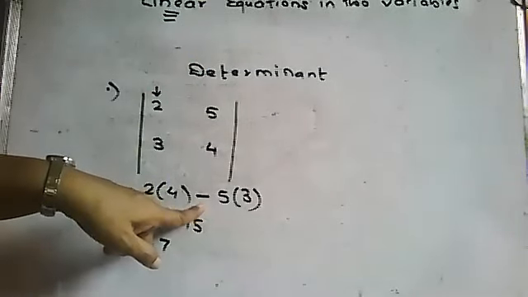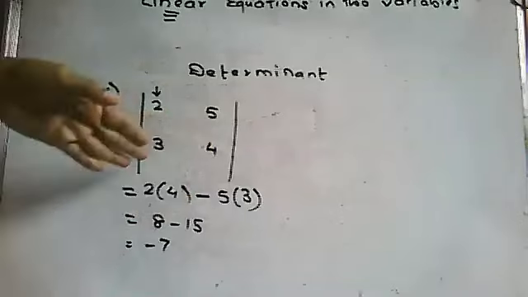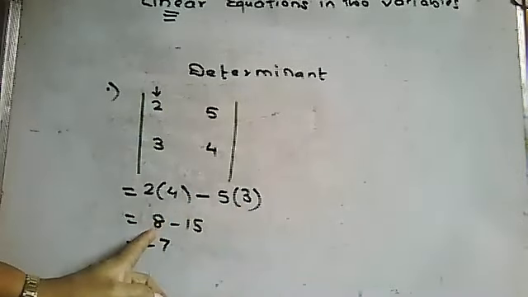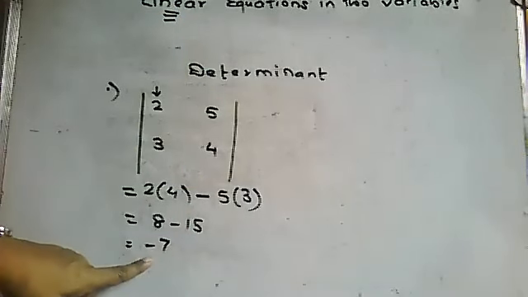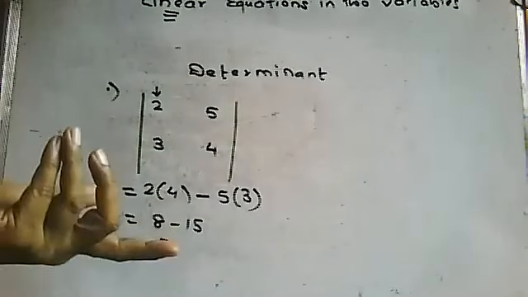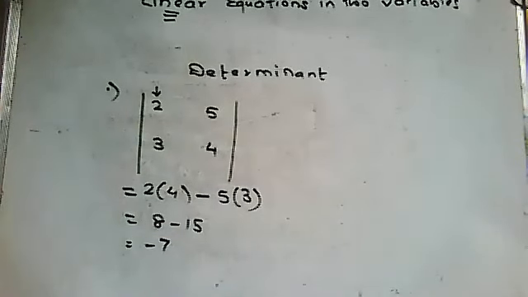The procedure is minus, subtraction, and 3 into 5. If you start with this, your value sign will change, and then you will get a wrong answer. Again, students, options would be 7, minus 7, 8, minus 8. So you have to be very careful while solving.